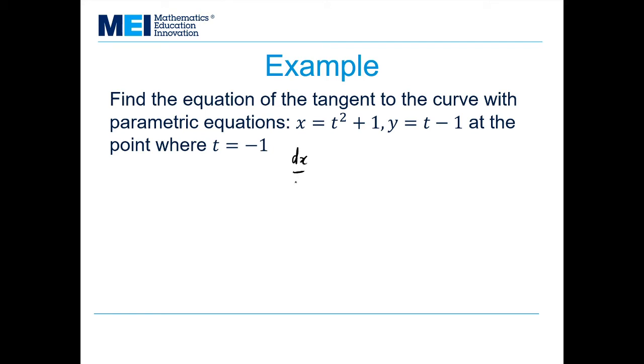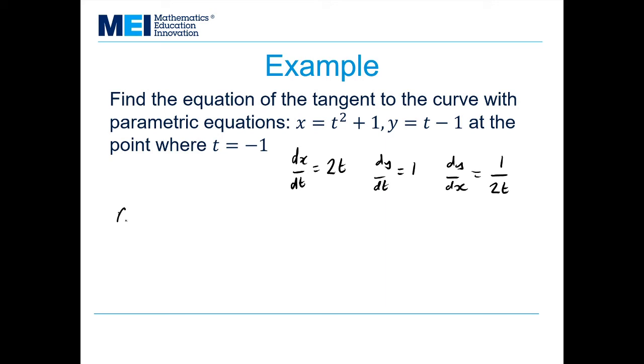So dx/dt is going to be 2t, dy/dt is going to be 1, so dy/dx is dy/dt divided by dx/dt, so that's just going to be 1 over 2t.